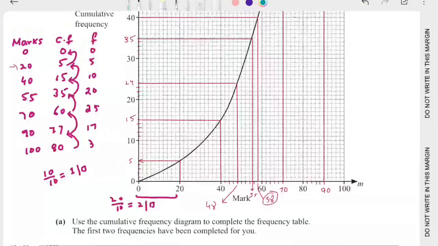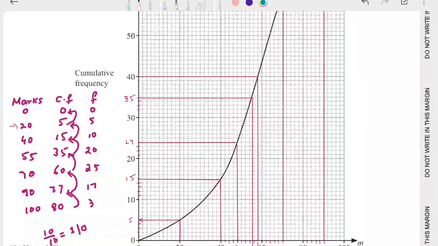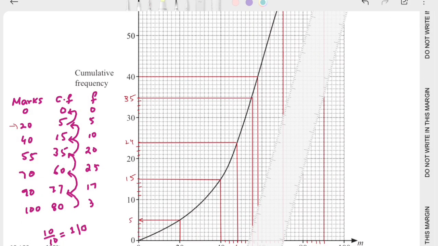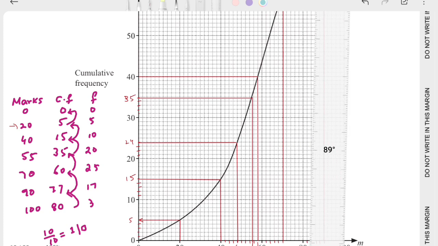So from here take help of the scale. 76 would be here. 72, 74, 76.